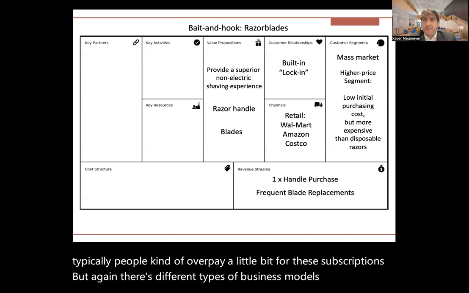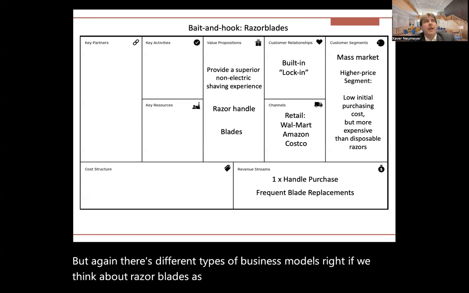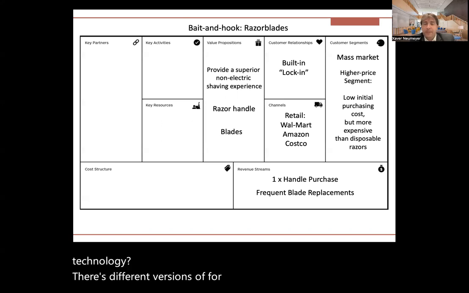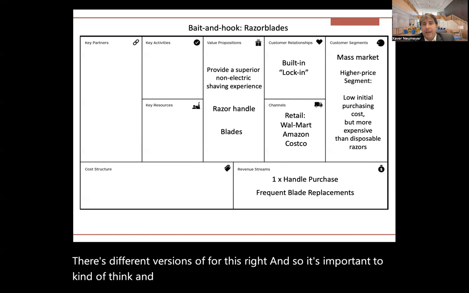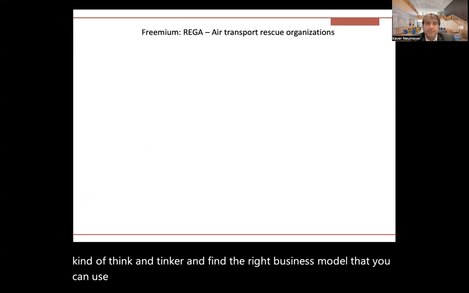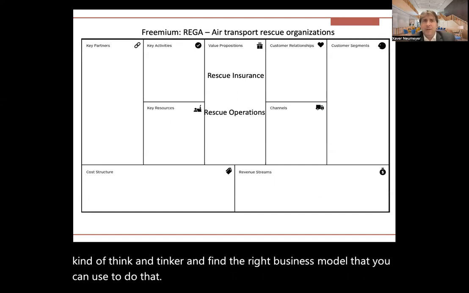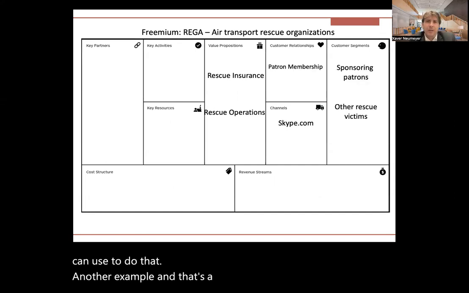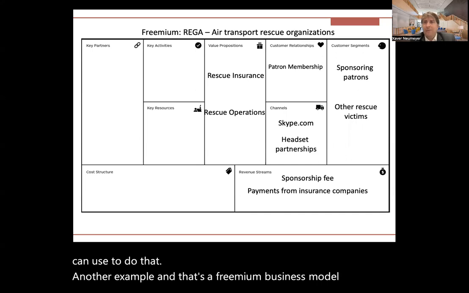If we think about razor blades as a technology, how do I monetize this technology? There are different versions for this. And so it's important to think and tinker and find the right business model that you can use to do that.